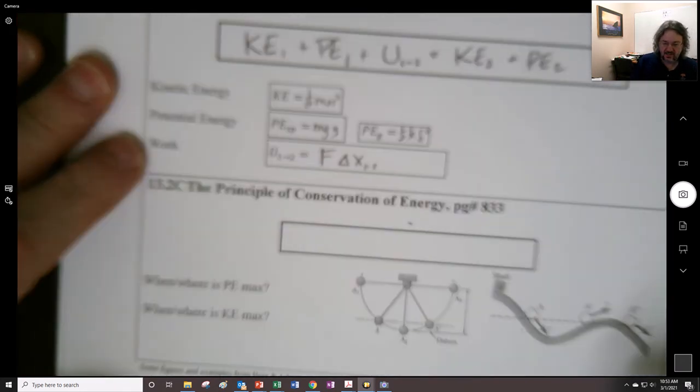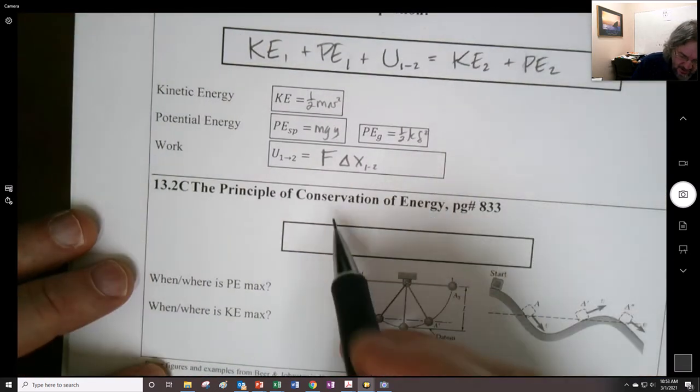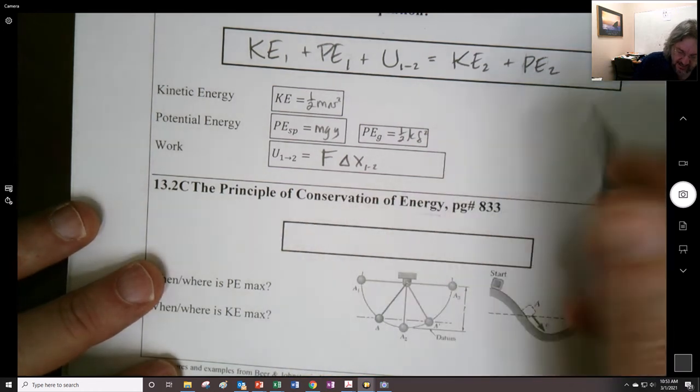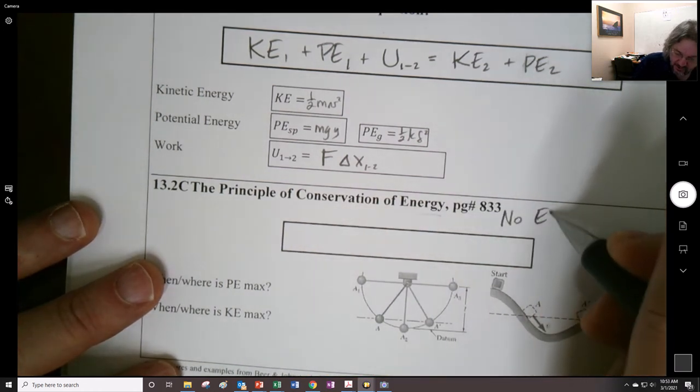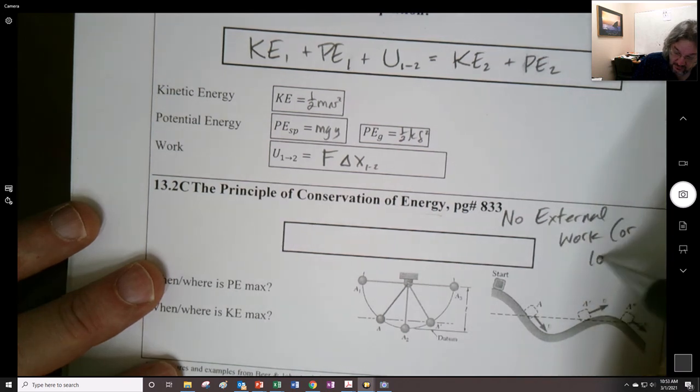And then I think the last thing before we have examples, we should get more examples. We want to talk about the principle of the conservation of energy. And that's no external work or losses.